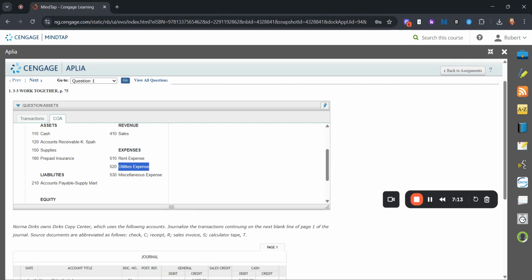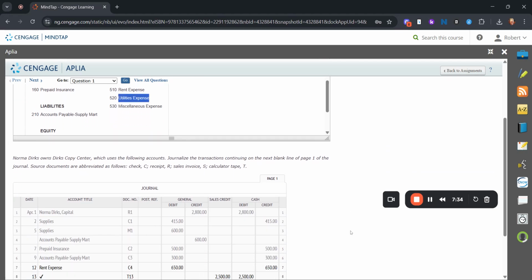Like a phone or a water expense, it's normally put into the utilities expense category unless it's a much larger sum, and then it might be broken away and counted as its own expense, but typically utilities expense.